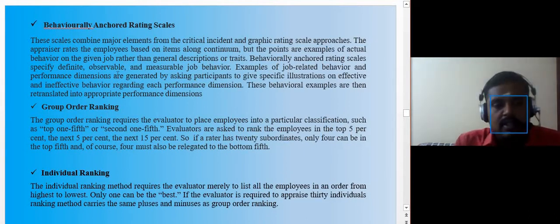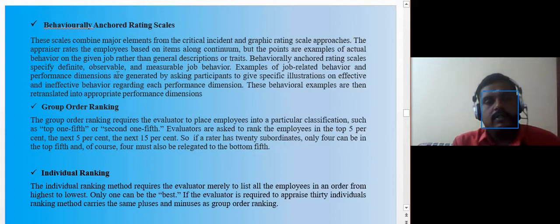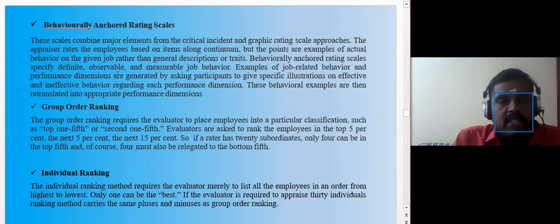Next method is the behaviorally anchored rating scale method. These scales combine major elements from the critical incident and graphic rating scale approaches. The appraiser rates the employee based on items along a continuum, but the points are examples of actual behavior on the given job rather than general descriptions or traits.